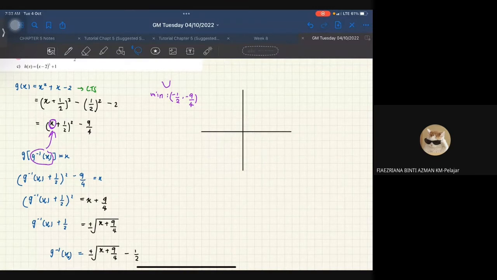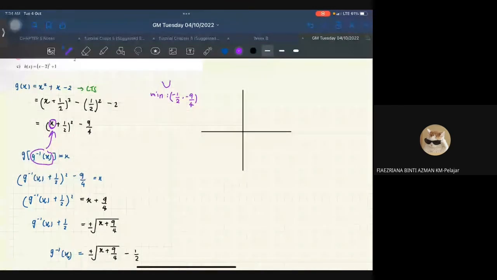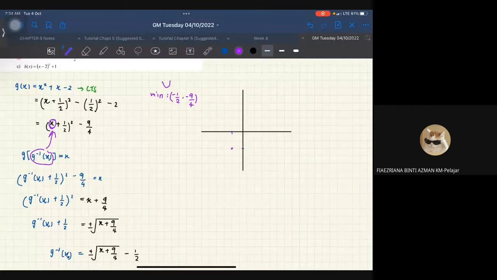Okay, so maksudnya kita punya graph tu negative 1 over 2 is sama here. Negative 9 over 4 bawah sikit. So maybe dekat sini lah. Okay, so saya akan bawa dia naik atas macam ni. Lebih kurang, like this.